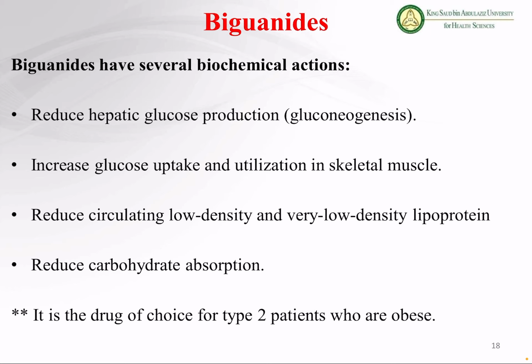We know that after eating, your blood sugar level will be high. So we take metformin, and after eating, your blood sugar level will be normalized. But it does not reduce the blood sugar, so the risk of hypoglycemia is very low.